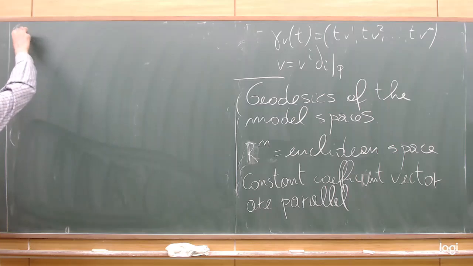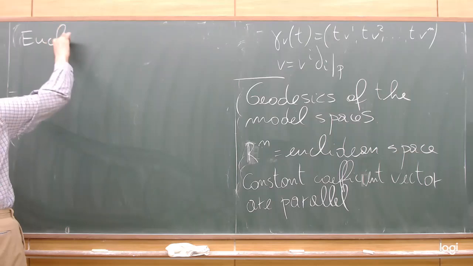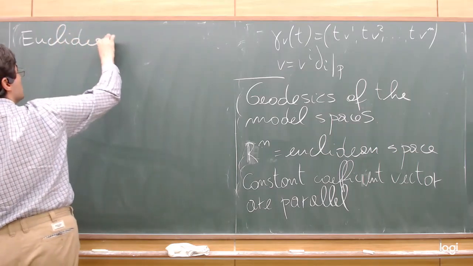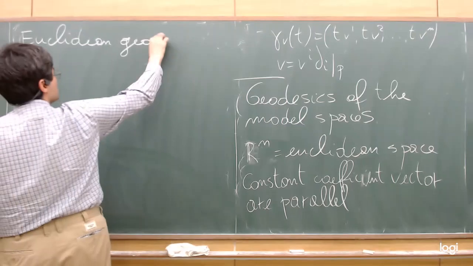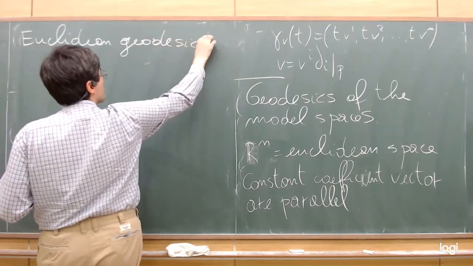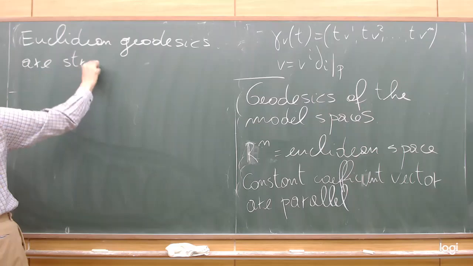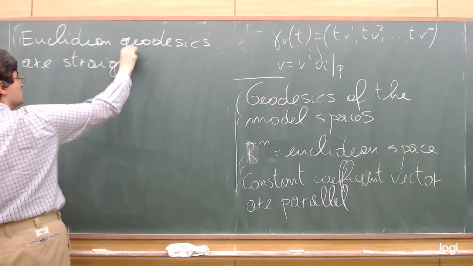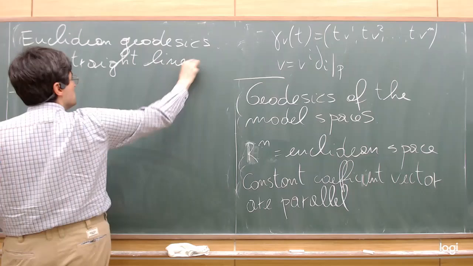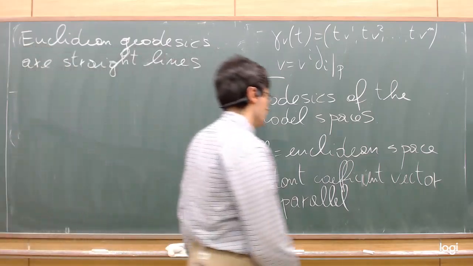And Euclidean geodesics are consequently straight lines. It follows from here.